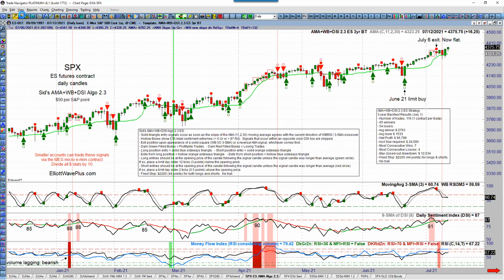We turn off the streaming when we take the screenshots, because they might show you a false signal that isn't going to end up being an actual signal. It isn't determined to be an actual signal until the daily close, which in the futures contract comes about 4 o'clock p.m. Central Time.